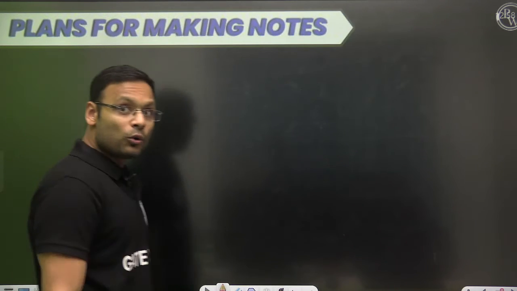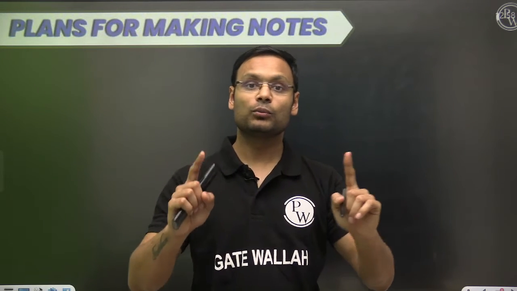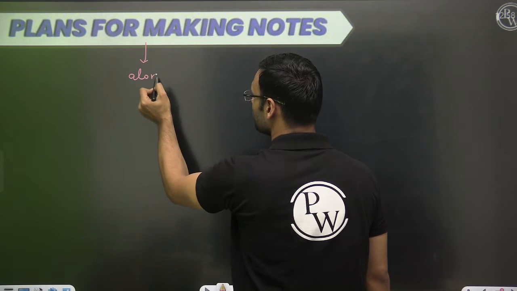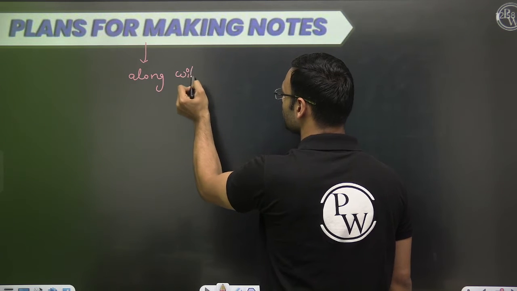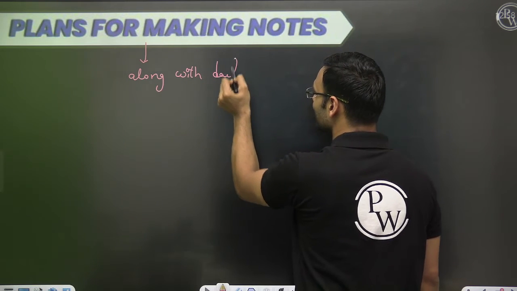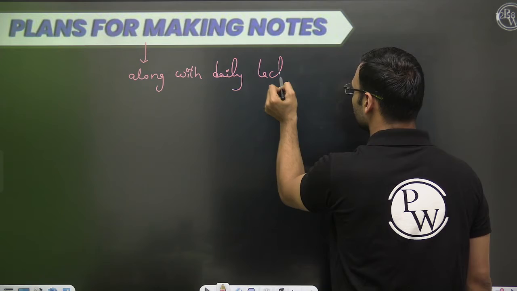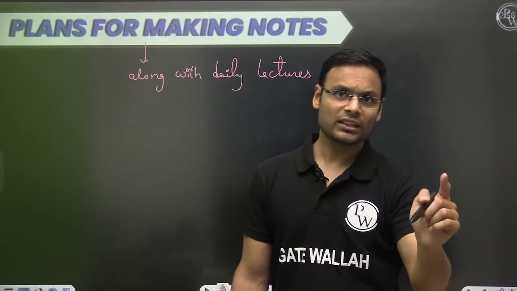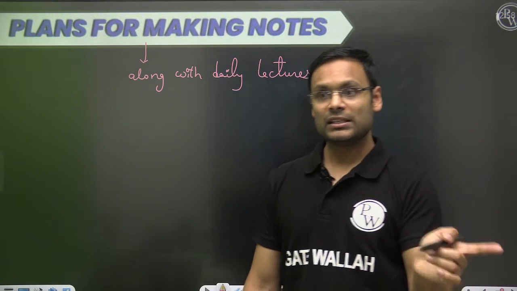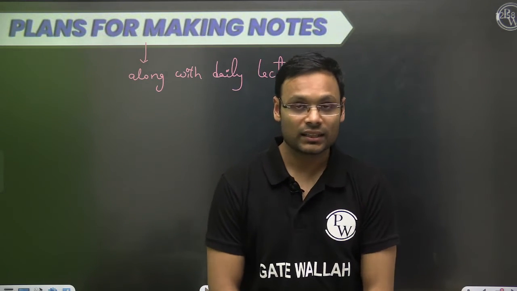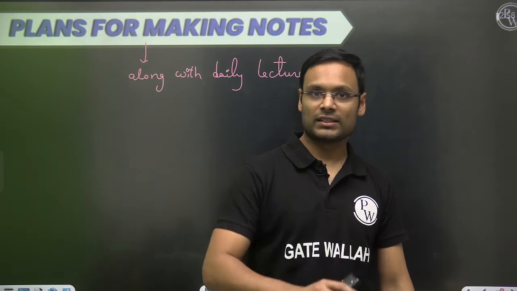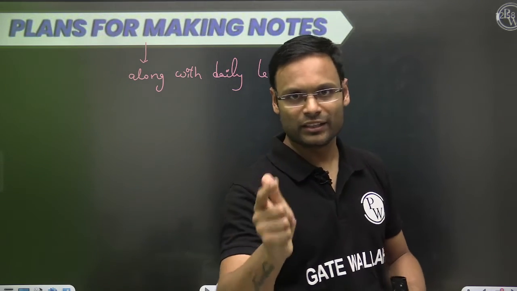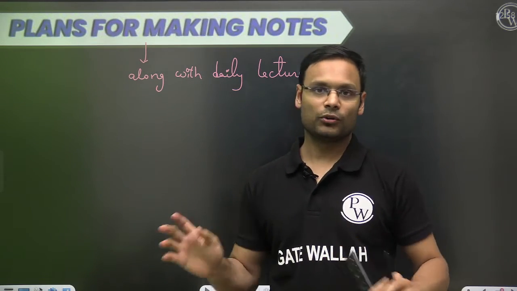Plans for making notes: daily to daily you will have to make notes, so you will have notes along with daily lectures. See, if you are watching live lectures, you should make the notes in the recorded format. Means live lecture you completely listen. At the end of the lecture, in the self-study time, you will rewatch that lecture quickly in 2x, 3x speed and make the notes.